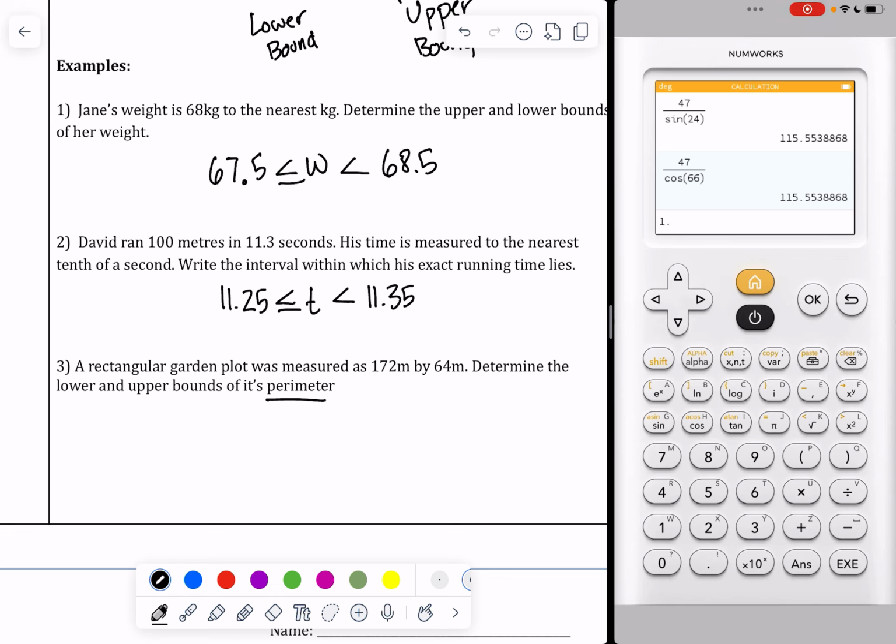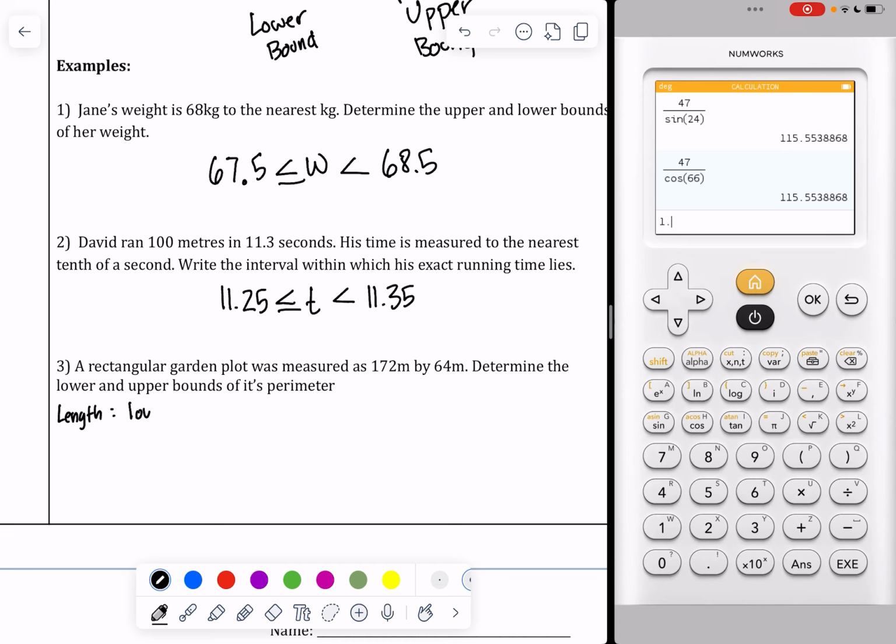But before we go in and calculate perimeter, we have to calculate the bounds first. So when we do that, we'll have to do it once for 172 and once for 64.